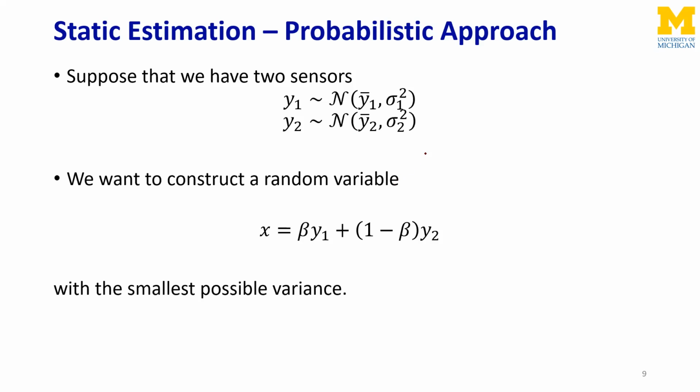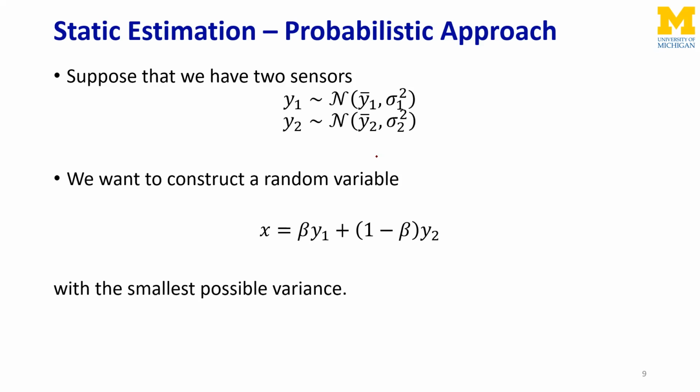Suppose that we have two sensors, y1 and y2, and each of these sensors is modeled as a random variable which is distributed as shown here. Both of these are Gaussian distributions. The first sensor has the mean, or the expected value, y1 bar. Its variance is sigma 1 squared. And the second sensor's expected value is y2 bar, and its variance is sigma 2 squared.